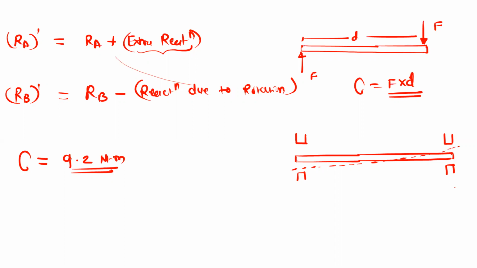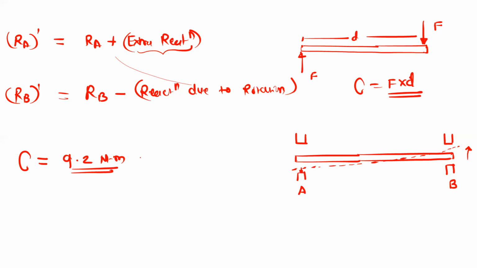So at the right bearing, shaft will lift. Okay. And at the left bearing, so at the left bearing, that is at bearing A, the shaft will add some extra reaction. So it will press on this bearing.